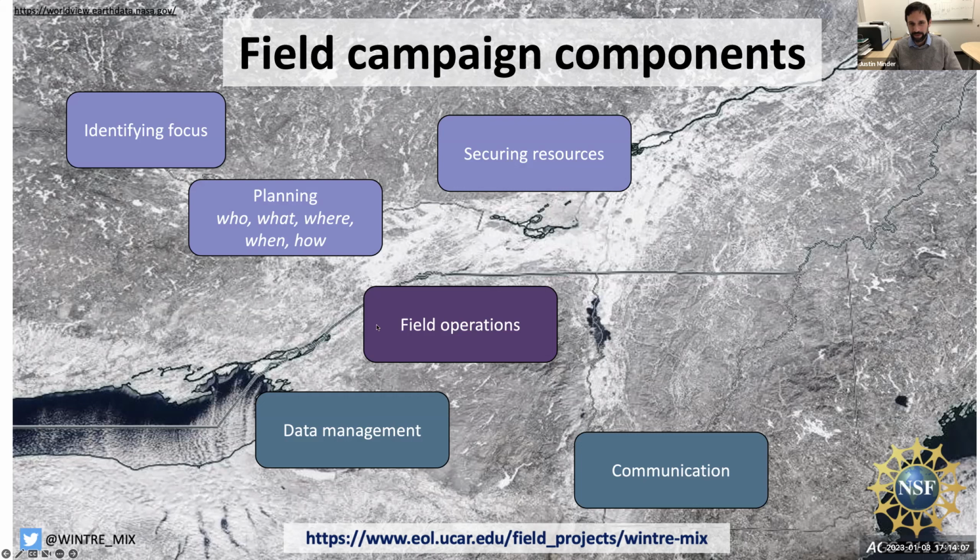There's the things you do in the field, which I put all here under field operations. And then there's the things you tend to do after the observations have been collected, which are down here on the bottom. So the structure of this lecture is I'm going to go through each of these in turn, talk about them in general, but then also give you some specific examples from this field campaign that my group just participated in.